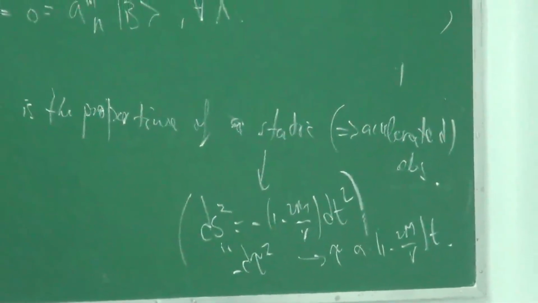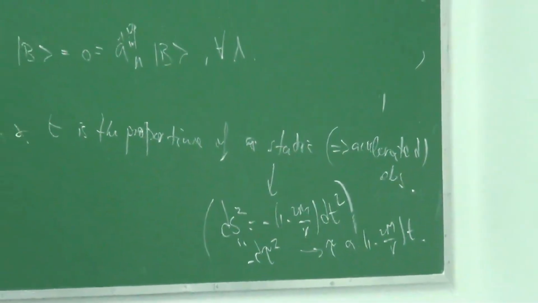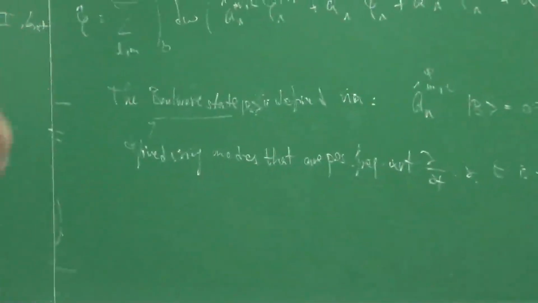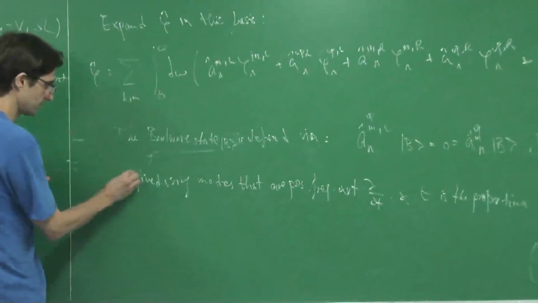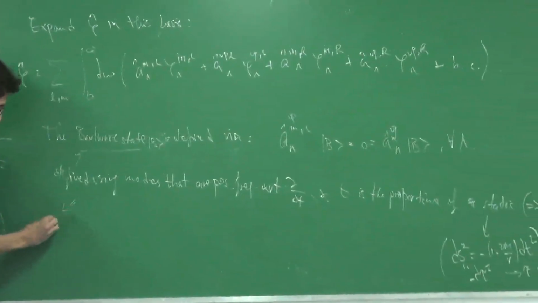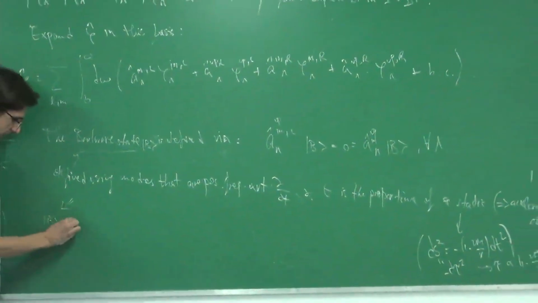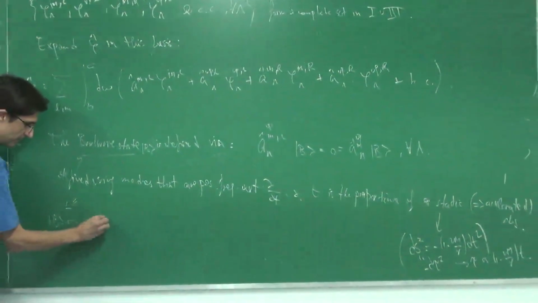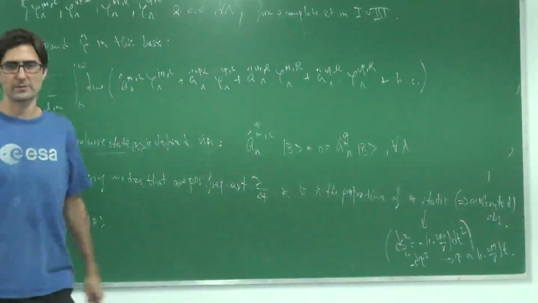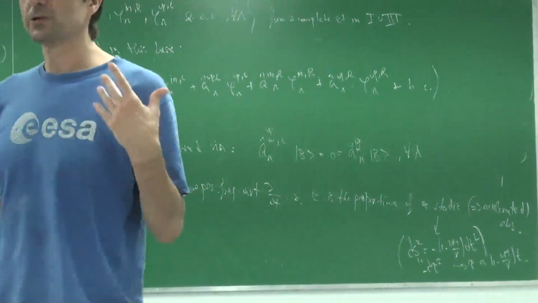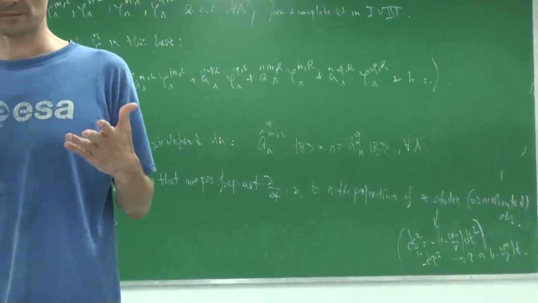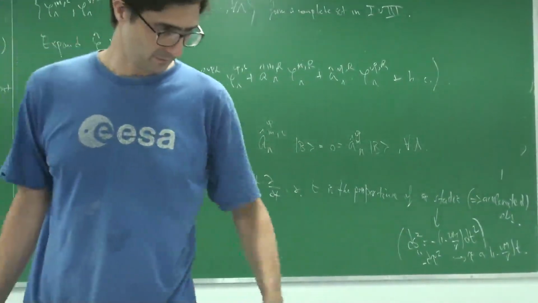So that's one vacuum, the equivalent of the Unruh vacuum in flat space. We still want the equivalent of the Minkowski vacuum.